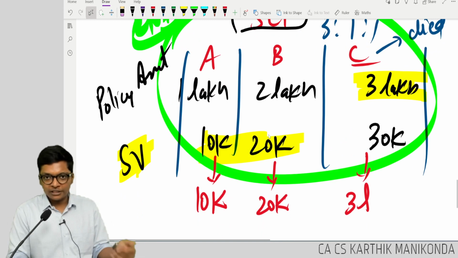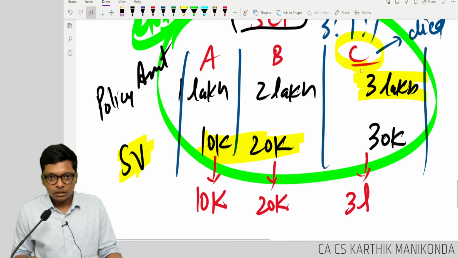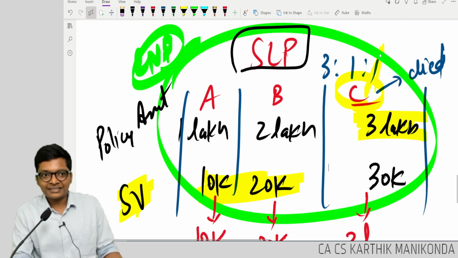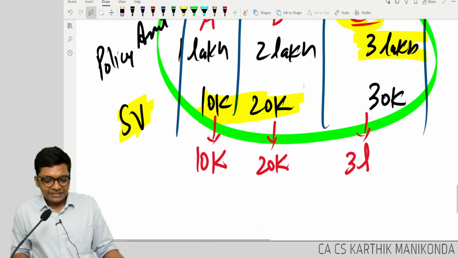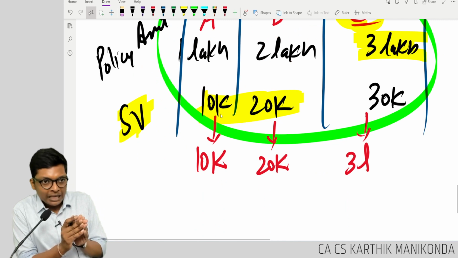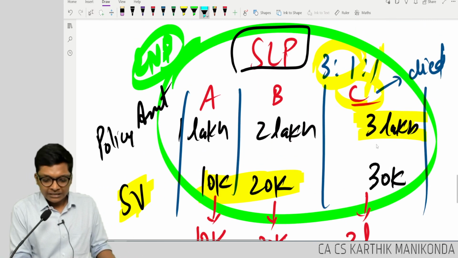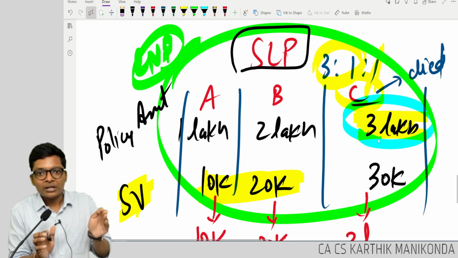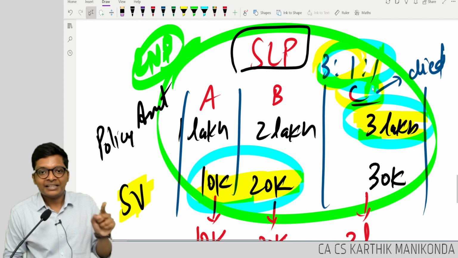Are you following? Because if you close earlier, why am I closing it earlier? Because one partner died. So if one partner dies, my profit sharing ratio will change. So this surrender value belongs to everybody. Look at this. Once C died, this 3 lakhs belongs to everybody, and this 10,000 and 20,000 belong to everybody in the ratio of 3:1:1.